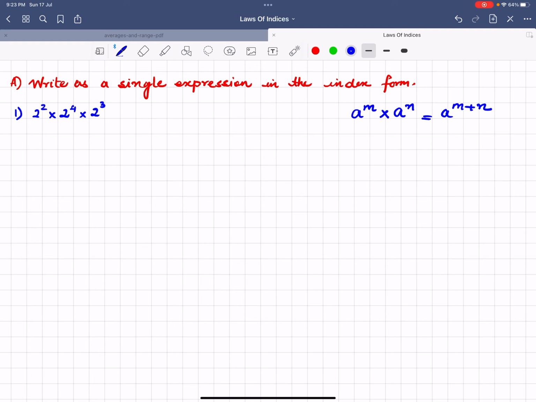So we have the same bases here, 2, 2 and 2, and the bases are multiplied. Therefore, the powers 2, 4 and 3 will be added. We can have any number of bases. So we have 2 to the power of 2 plus 4 plus 3, and that gives us 2 to the power of 9.